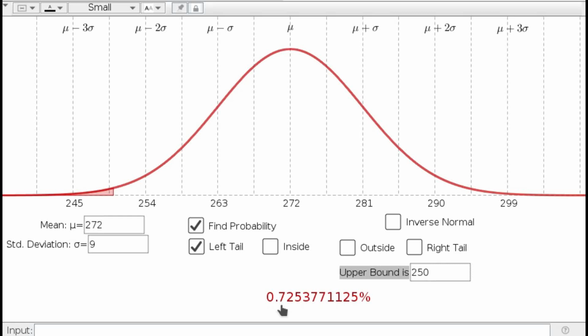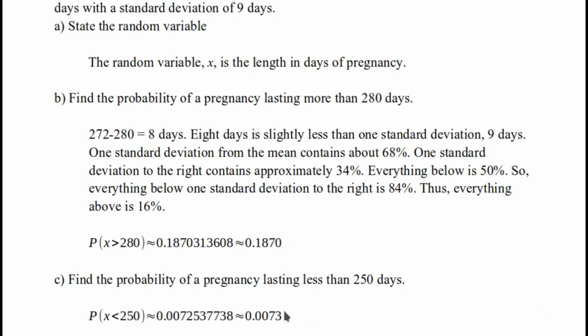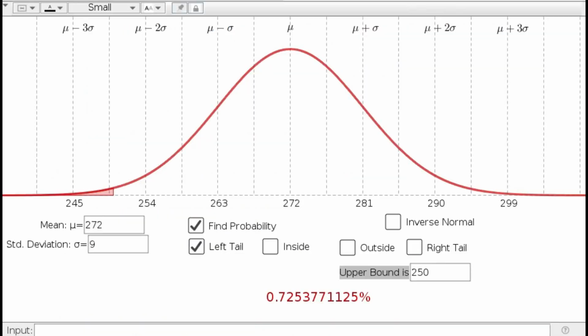So more than 99% of pregnancies are longer than 250 days, but to answer our question, what's the probability of a pregnancy lasting less than 250 days? We'd have to say that that's 0.0073, less than 1%.